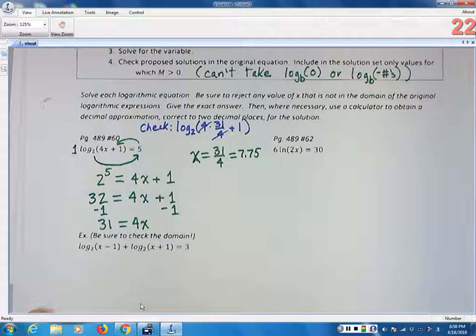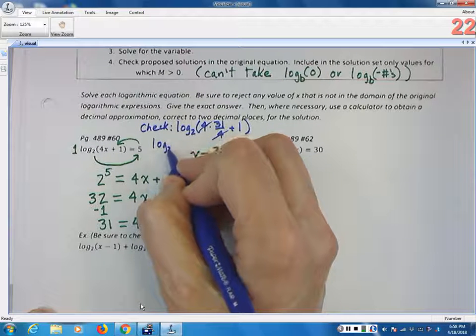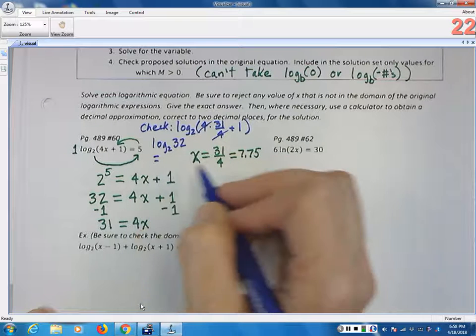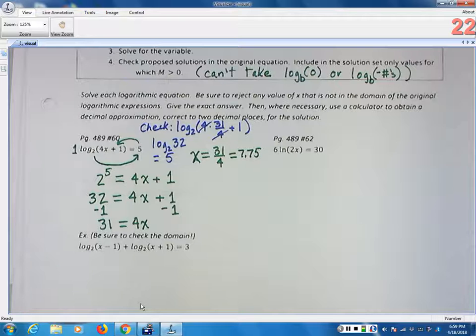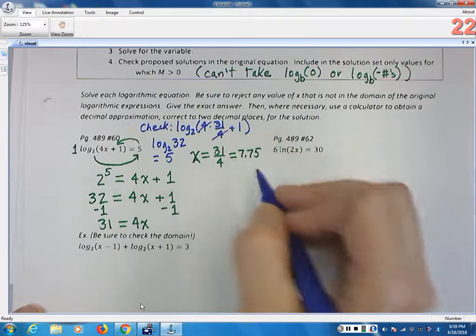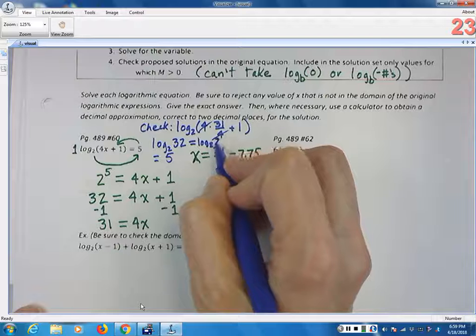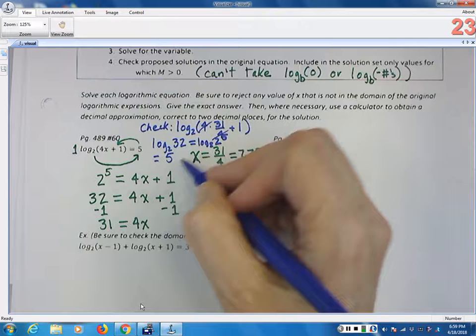Log base 2 of 31 plus 1 is log base 2 of 32. And so that equals 5. You rewrite 32 as 2 to the 5th. And so that checks.